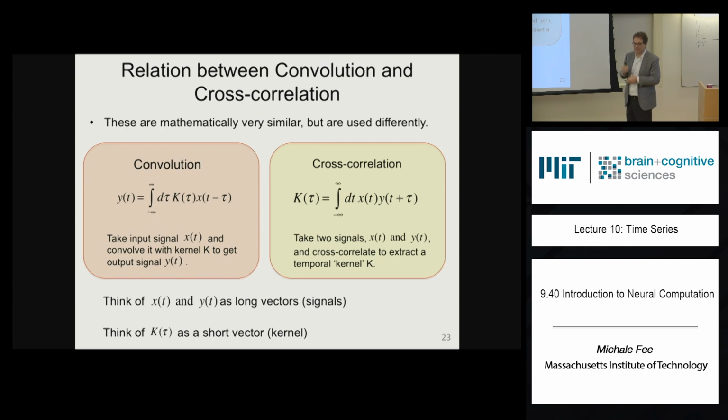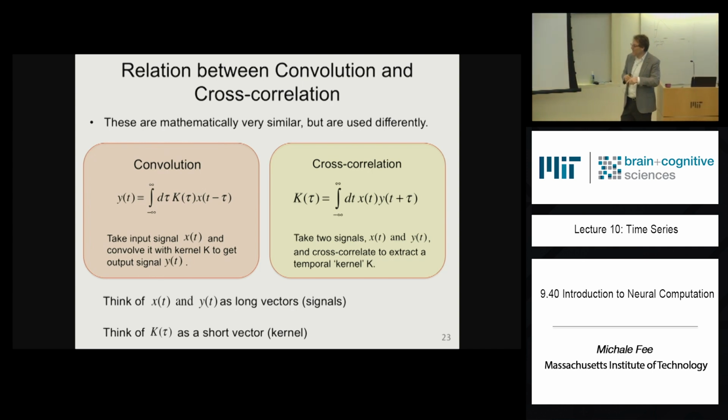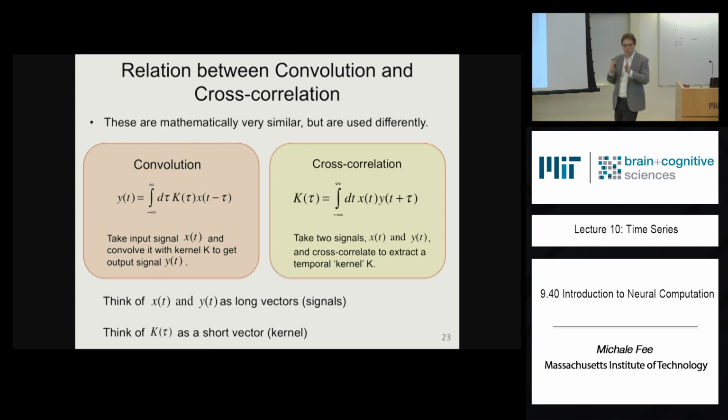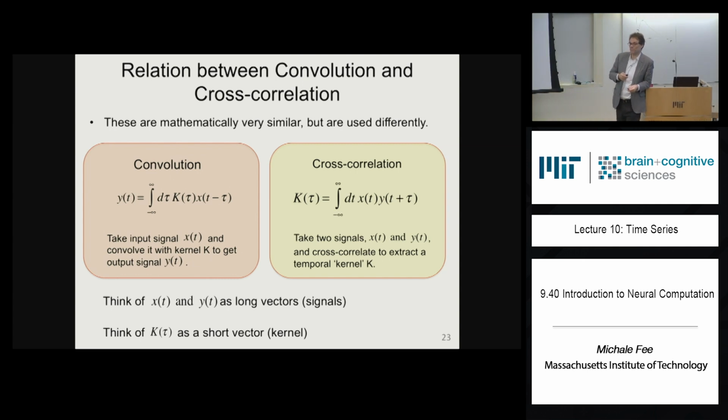Or maybe seconds ago. These signals might be 10 or 20 seconds long or an hour long, but this signal, the y, doesn't depend on what x was doing an hour ago. It only depends on what x was doing maybe a few tens of milliseconds or a second ago. Okay, so that's why x and y can be long signals. K is a short vector that represents the kernel. Okay? All right, any more questions about that?